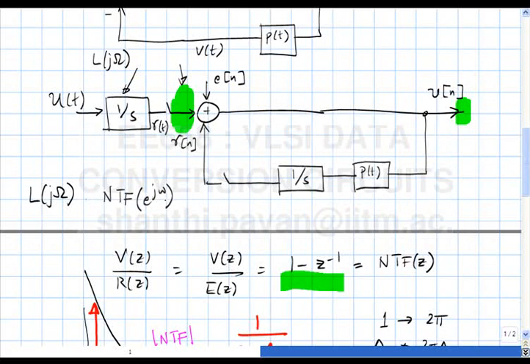So the gain of the filter times 1 over the gain of the filter is approximately 1. Does it make sense? Okay. So at very low frequencies, the gain of the signal transfer function magnitude will be 1.